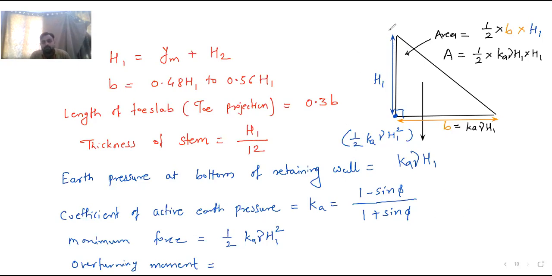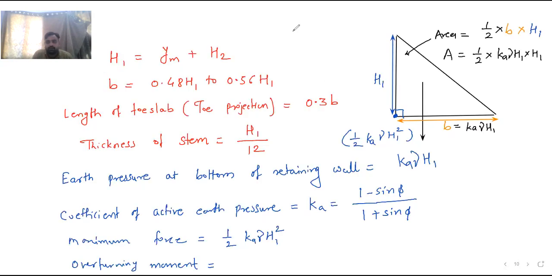The maximum overturning moment is in this direction. This will act on the wall from the centroid.